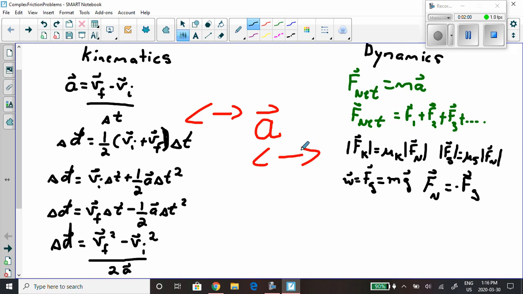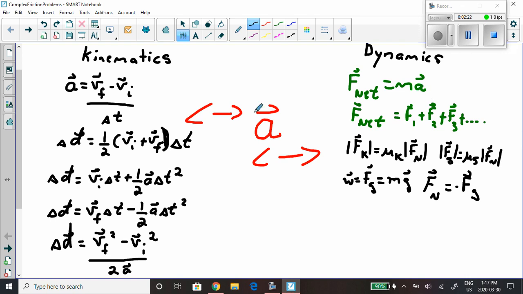The other type of problem, the second of two possible things, is you're given a whole bunch of dynamics information, maybe something about friction or normal force or other forces acting on an object. And then the whole goal here is to find F net, which will allow you to find acceleration.